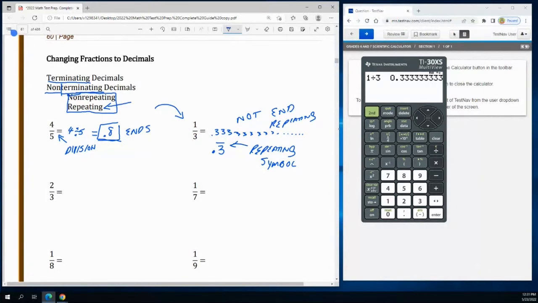There's another way to show a repeat, and the GED test does this. It's very important that you see it and start to kind of use it right now, because it's very uncommon. I don't think many people have seen it. But if I wanted to show you the way the GED test would show it, they're not going to use the repeating symbol.